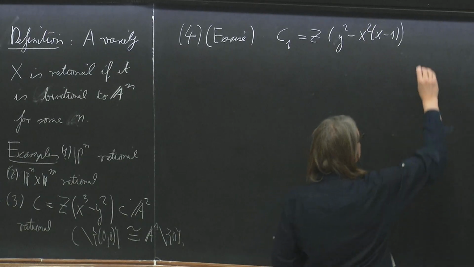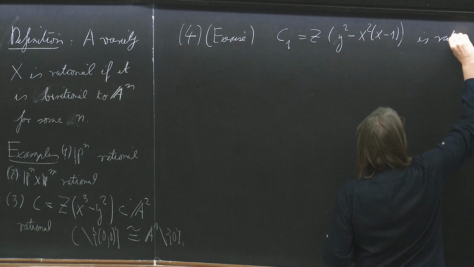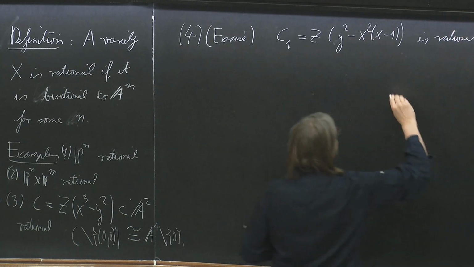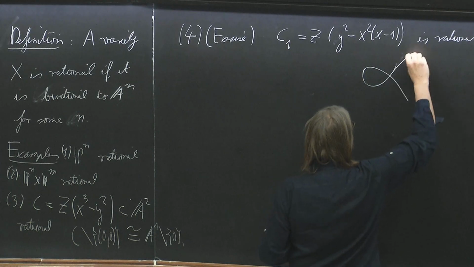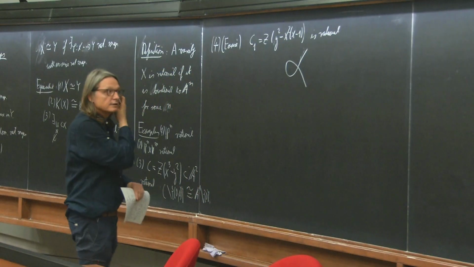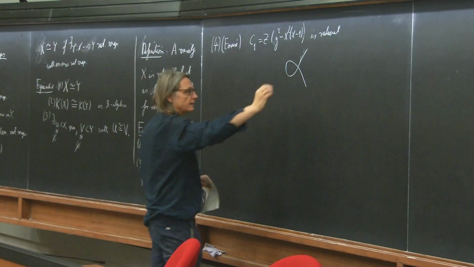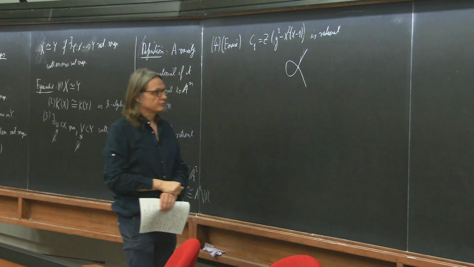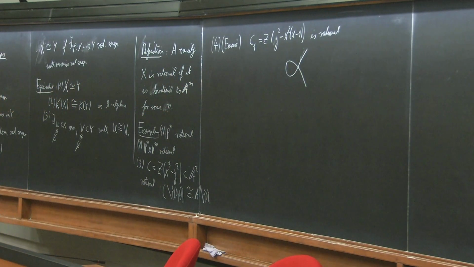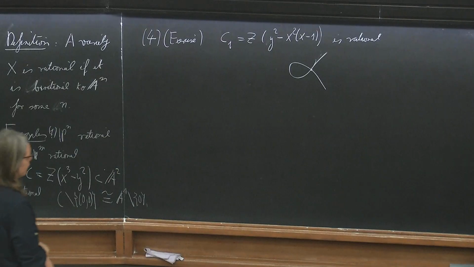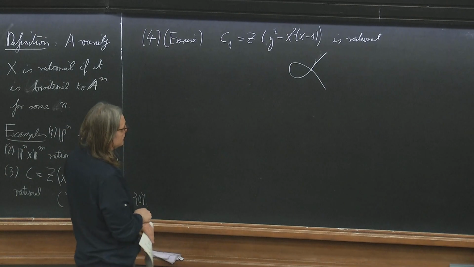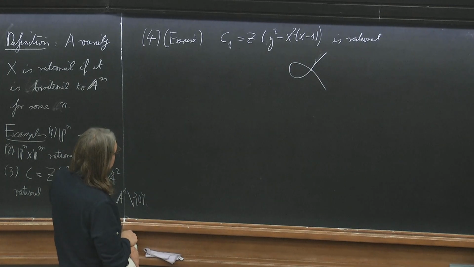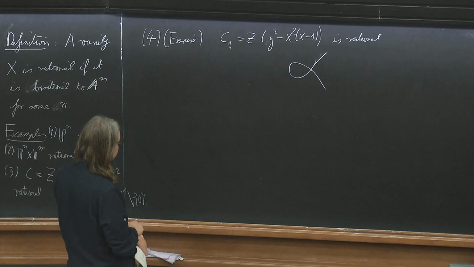This is also rational. The real picture will be something like that. It again has a special point here, which later we'll call a singularity. And this will also be rational. You can try to figure out a map which is defined almost everywhere.